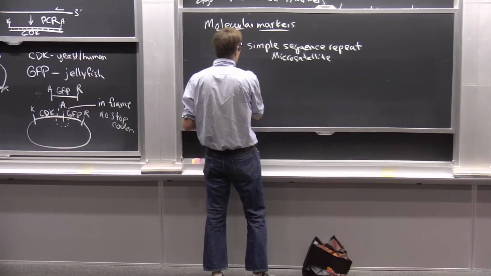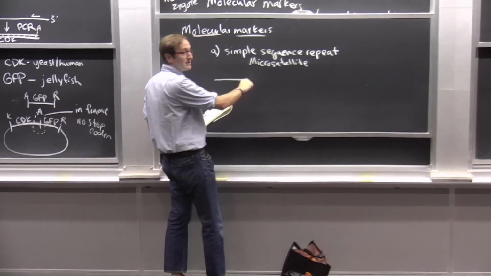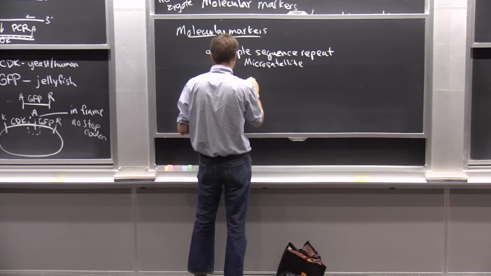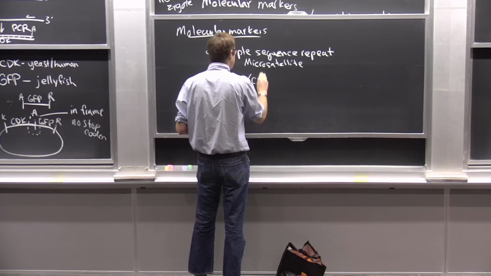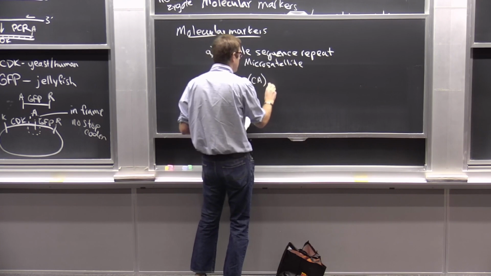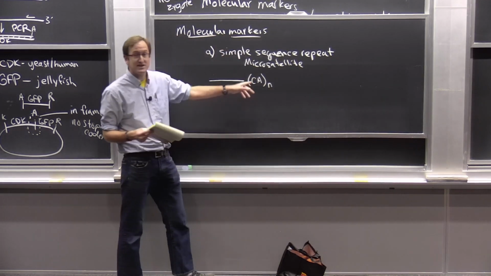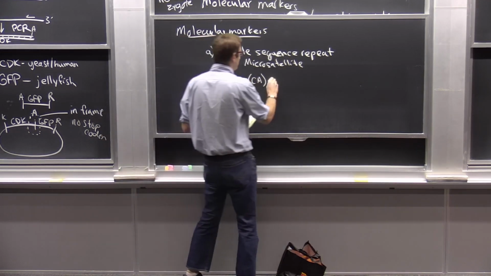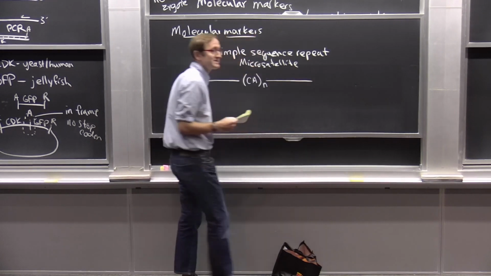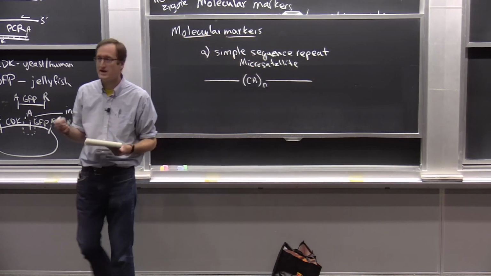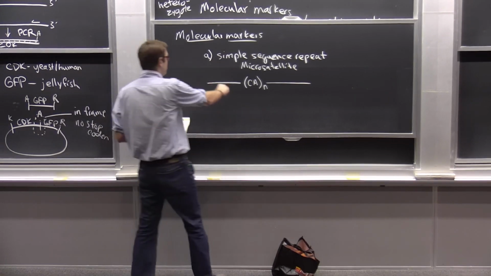So on a chromosome, you might have a unique sequence, which I'll just draw as a line, and then you could have a CA dinucleotide that's repeated some number of times, N, and then that's followed by another unique sequence, okay, and that would be one strand.